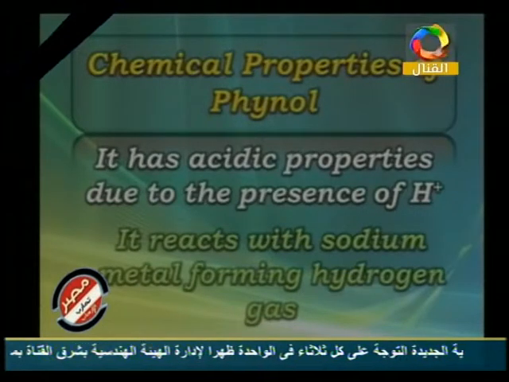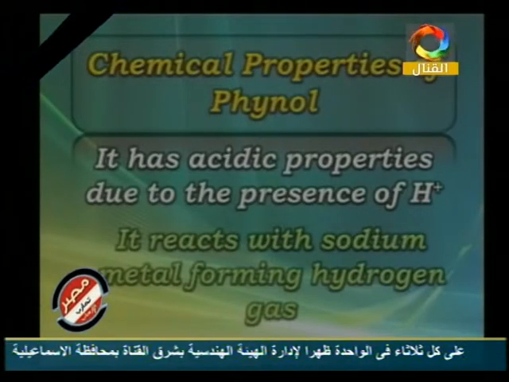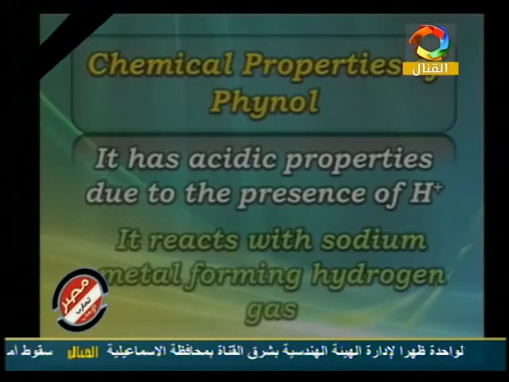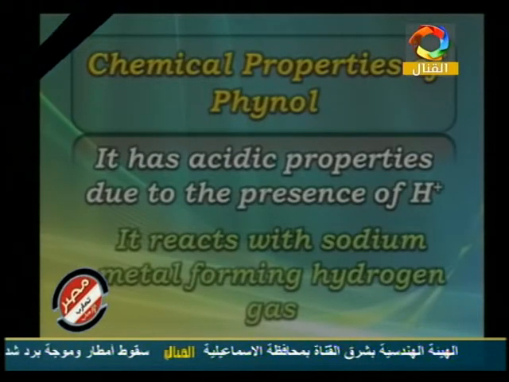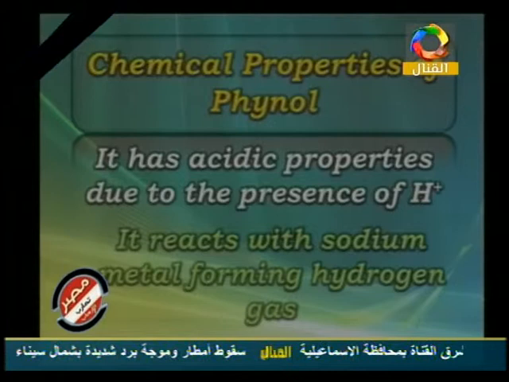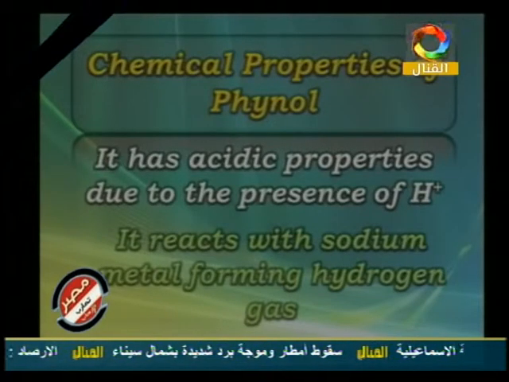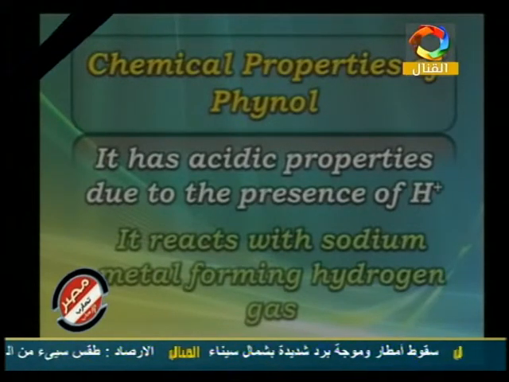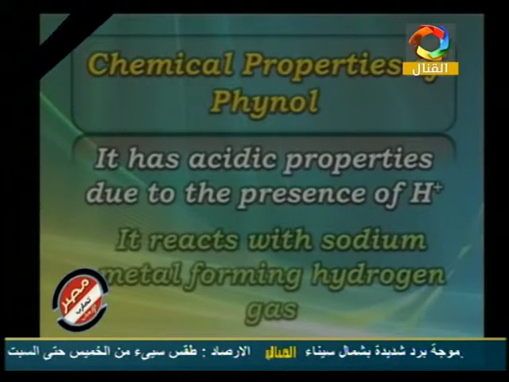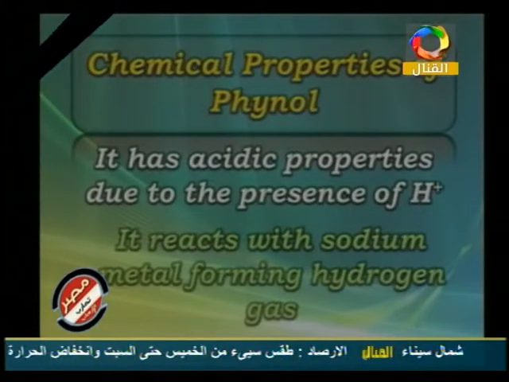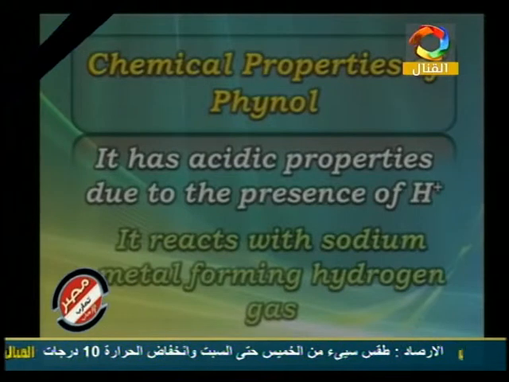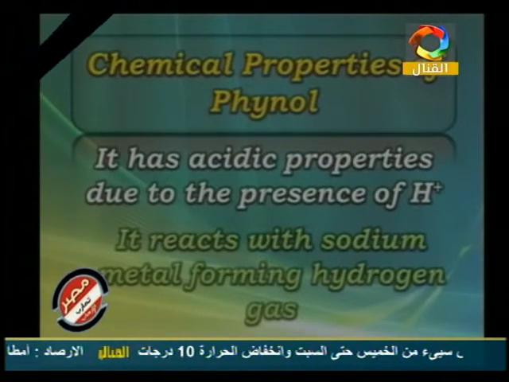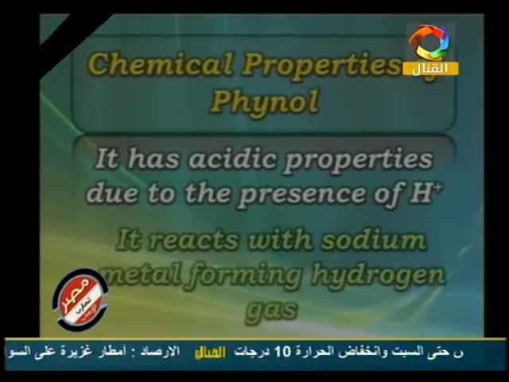Why? Because here we have the presence of an H proton. But mister, we have here an OH, a hydroxyl group attached to benzene. What will happen here? The benzene ring makes an attraction force with the oxygen. So the hydrogen is very easy to lose from the oxygen bond.